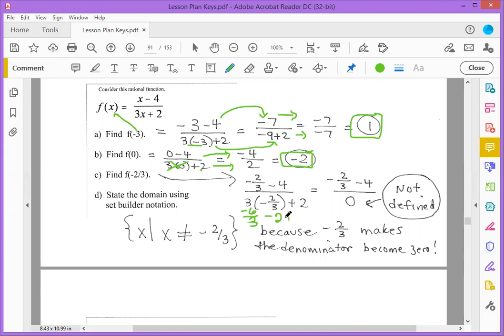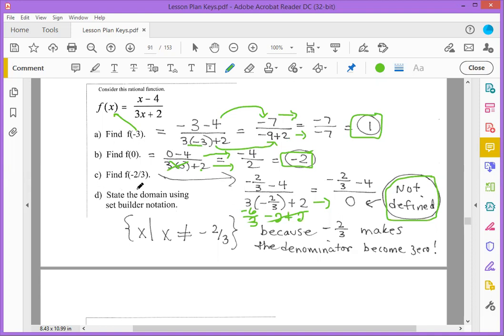Negative 2 plus the 2 makes this 0 in the denominator. And remember, we can't have 0 in the denominator. Therefore, this function is undefined. When x is negative 2/3, the function is not defined.